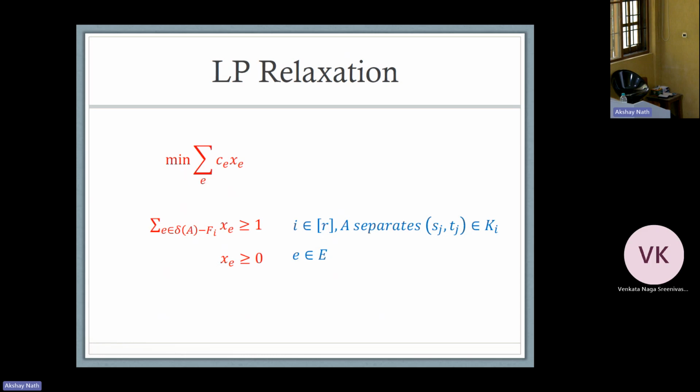You say, look at any pair that needs to be connected in scenario i. Look at all the edges that are going to fail. You remove those edges, and for every cut that separates them, you should have enough capacity using the edges you're buying. It's very standard, easy to write because the scenario is explicit. So you write it down. So the LP is good. Now, the question is how do you round it?